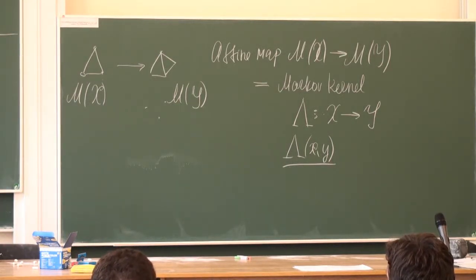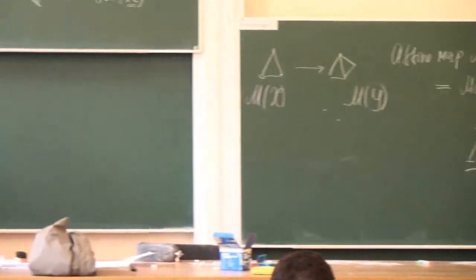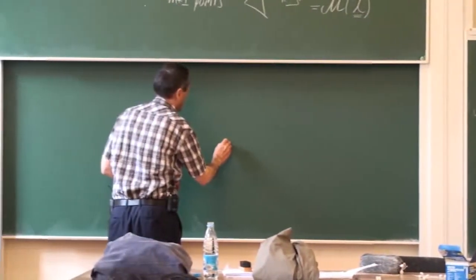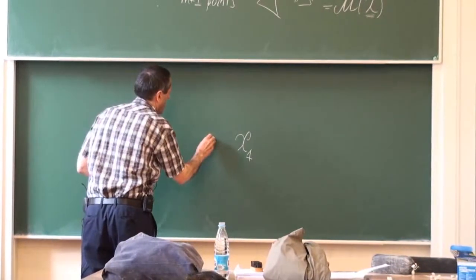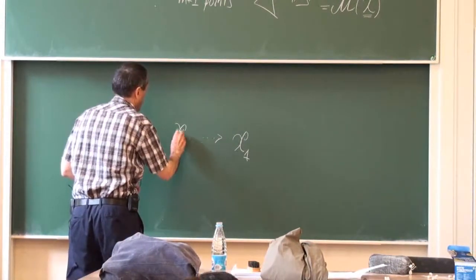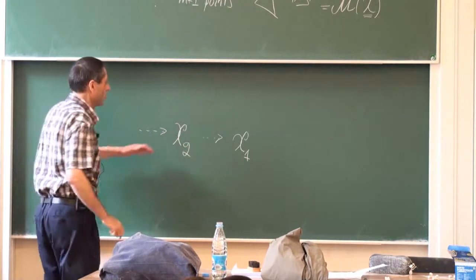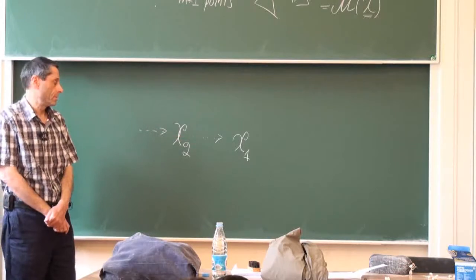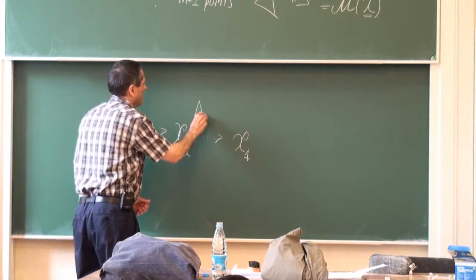And now, the meaning of this claim is as follows. Assume we are given a chain of spaces, say X1, X2, and so on, and the dashed arrows represent some Markov kernels.